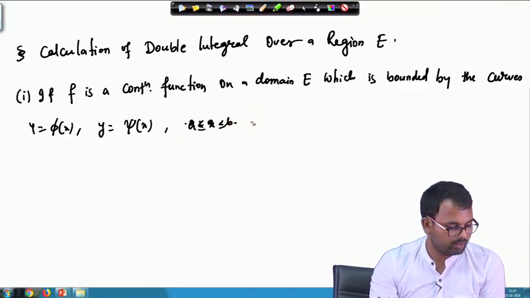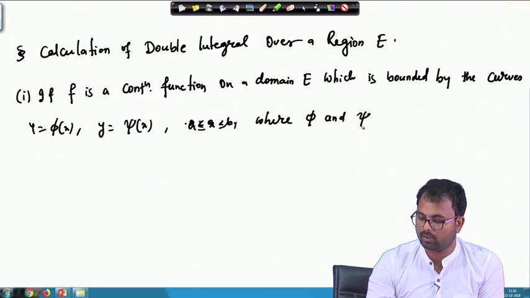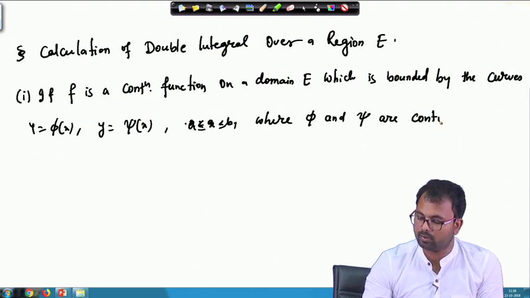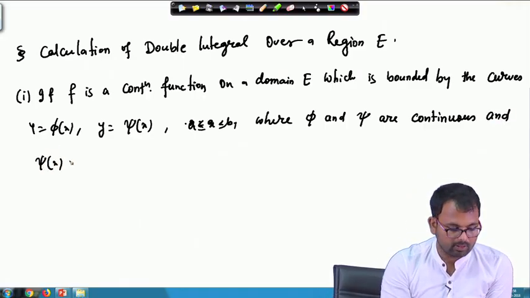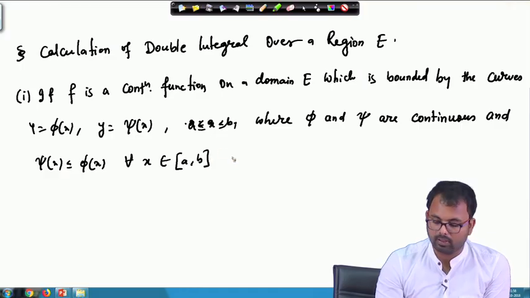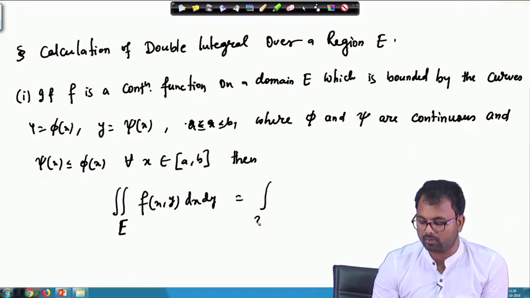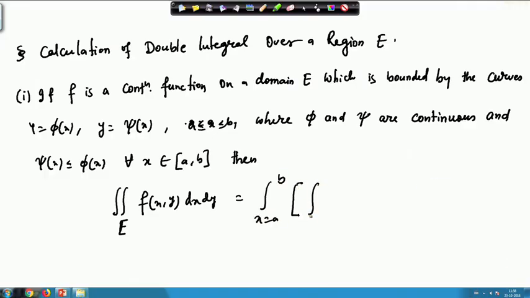Then, where phi and psi are continuous and psi is less than or equal to phi for all x in the interval [a, b], the double integral over the region E, or over the domain E, can be given as the integral with x running from a to b, then the integral from psi(x) to phi(x) of f(x,y) dy, dx.